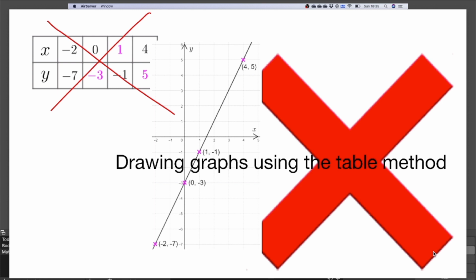So please do not use the table method anymore. What we do now in grade 11 is to learn to use the properties of these functions. So we need to understand the properties of the quadratic function and all the other functions that we are going to deal with. So you can say bye-bye to that.